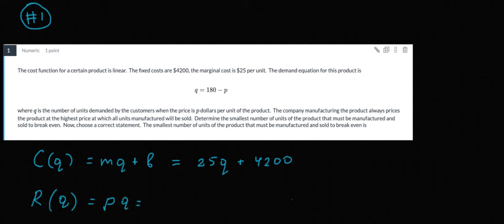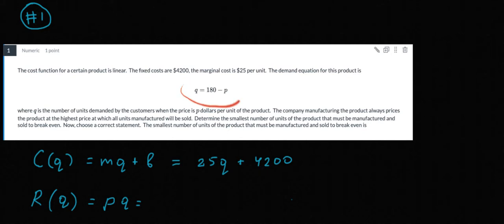And now let's think about the sentence in the problem which talks about how the company prices the product. The company manufacturing the product always prices the product at the highest price at which all units manufactured will be sold.